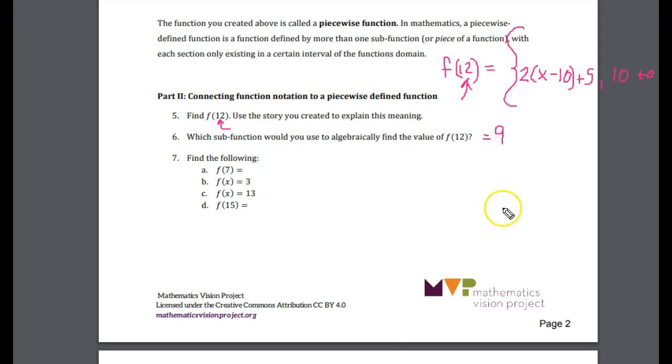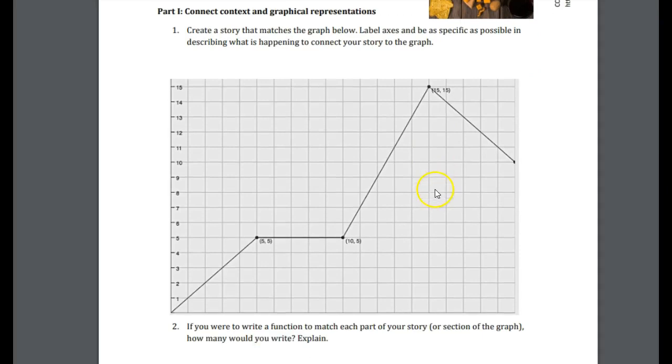Now I can confirm this by going back to our original graph. When we go back to our original graph, don't forget how to evaluate functions on a graph. Remember, x is the input, so first I would need to find 12 as my input. And if I figure out where my actual function crosses 12, it appears to be at the point 12, 9.